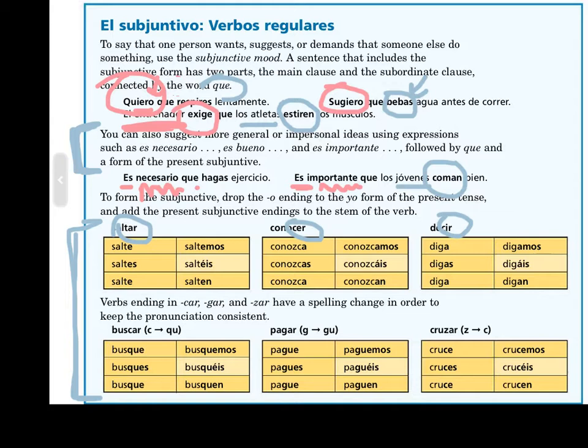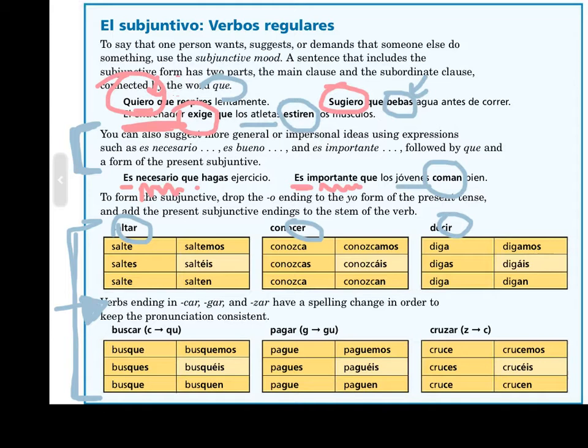Okay? We also had to pay attention to and watch out for our zar, car, gar verbs. Because in subjunctive, just like in the commands form, we're putting an E after a C, and we can't do that. We have to change the C to QU. We're putting an E after a G, and that would change the sound. We don't want to do that, so we have to put a GU.